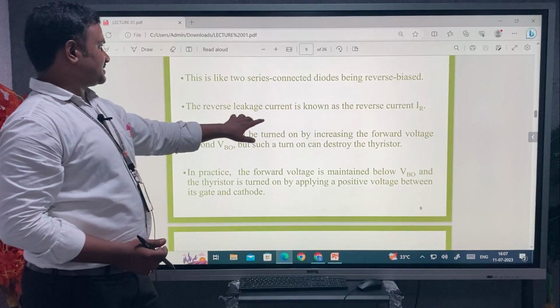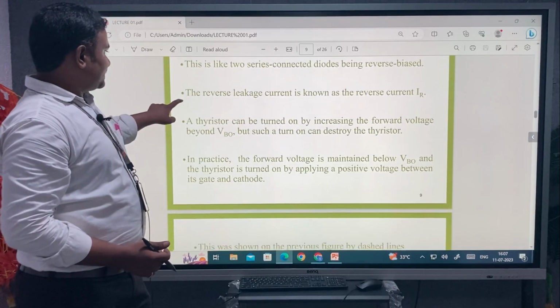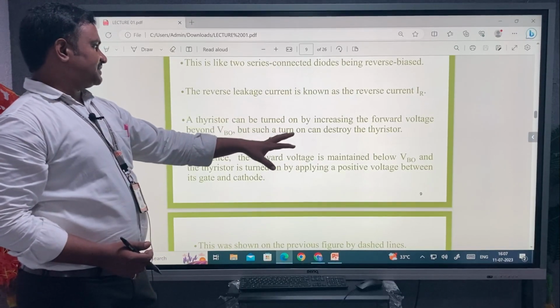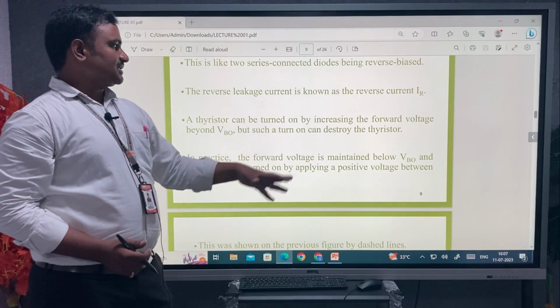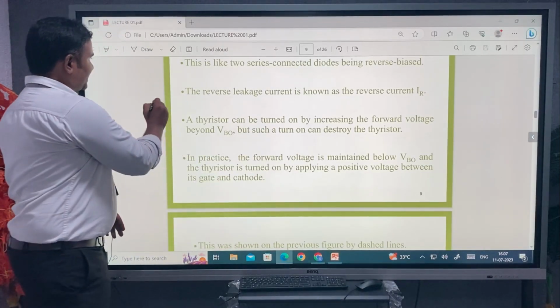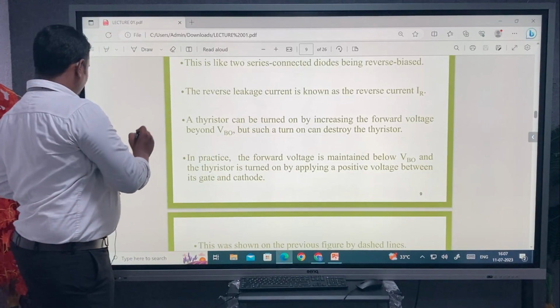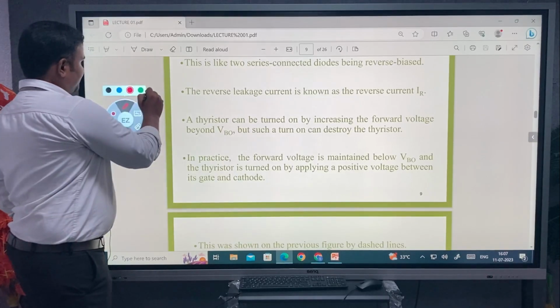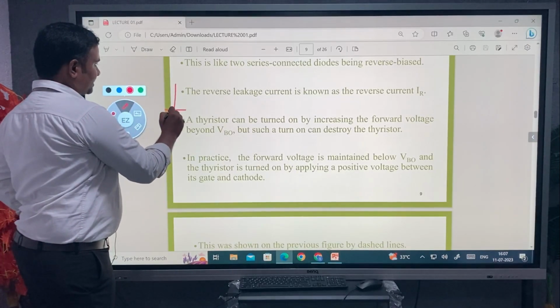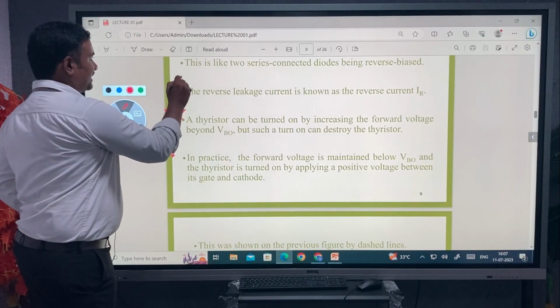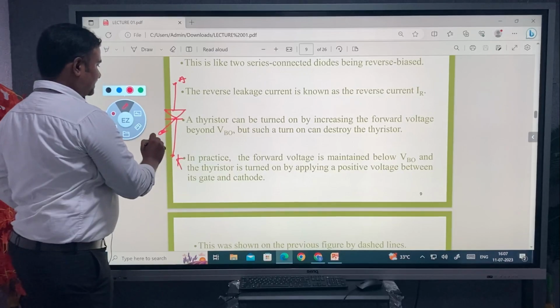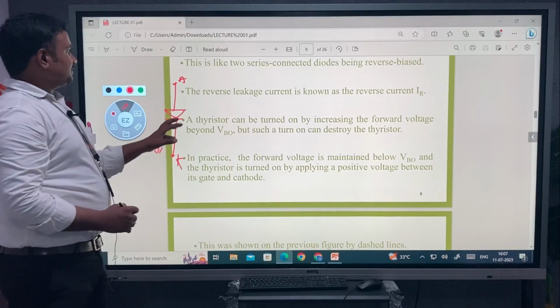The reverse leakage current is known as the reverse current IR. A thyristor can be turned on by increasing the forward voltage beyond VBO, but such a turn on can destroy the thyristor. So we cannot go to the maximum breakover voltage VBO between anode and cathode, even though the gate signal is off.